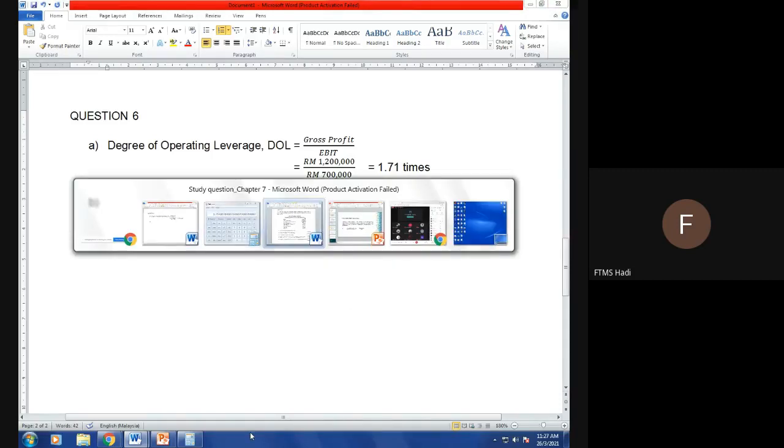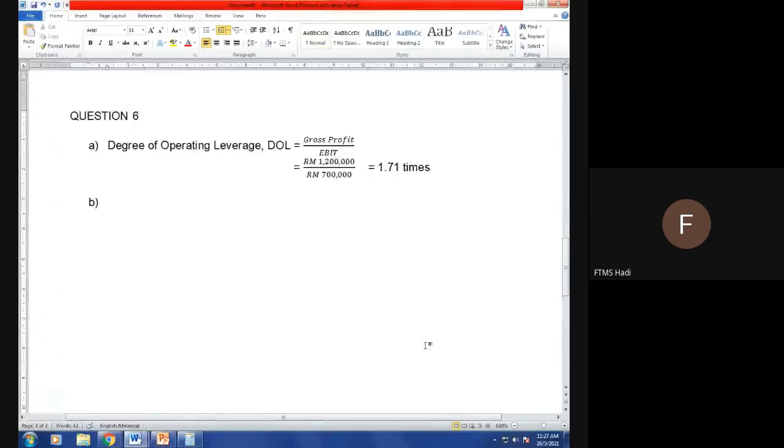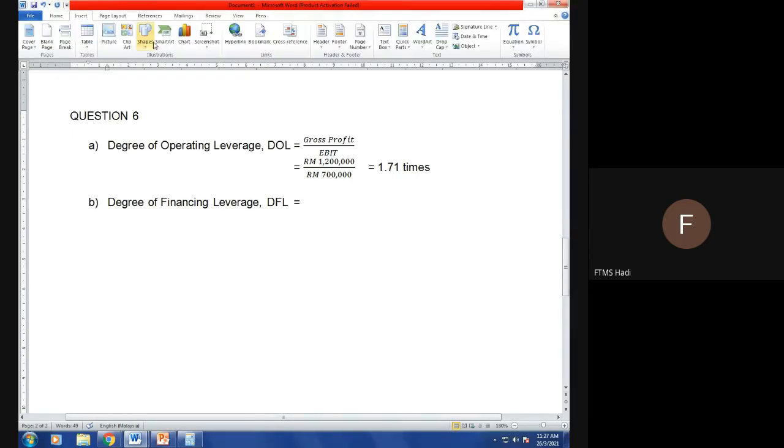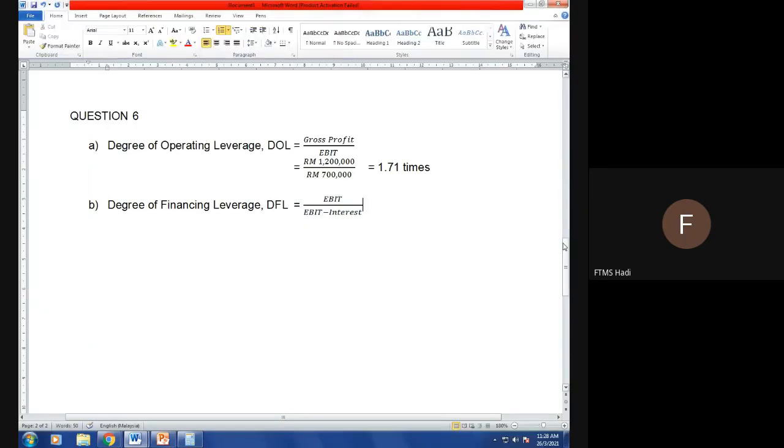Have a look at the second question. Estimate the degree of financing leverage, which is DFL. The formula will be EBIT divided by EBIT minus interest.